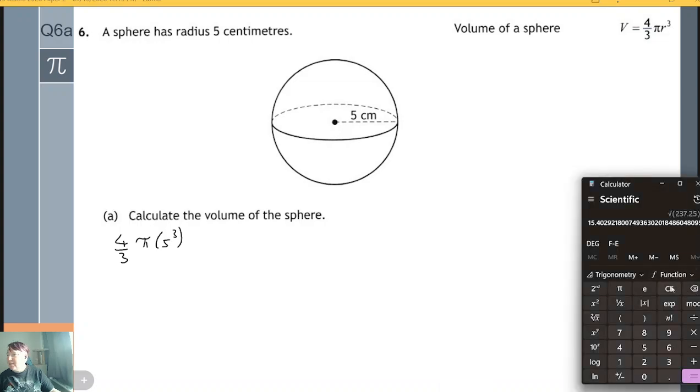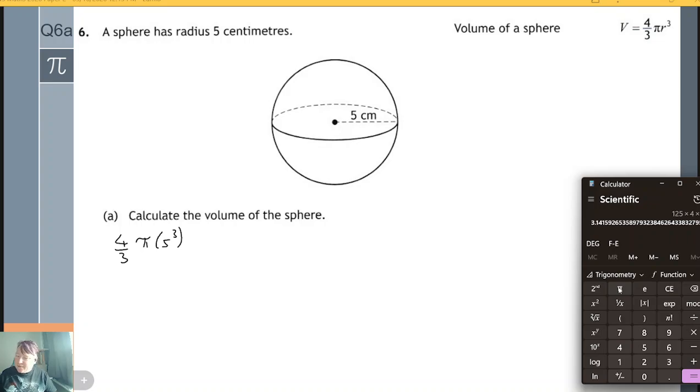Now the way this calculator works, this is going to be interesting. 5 cubed, times 4, times pi.